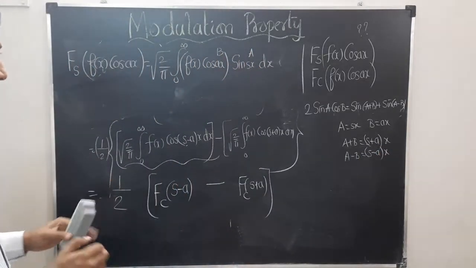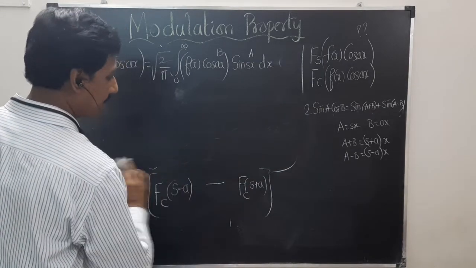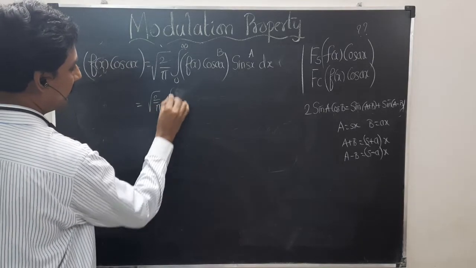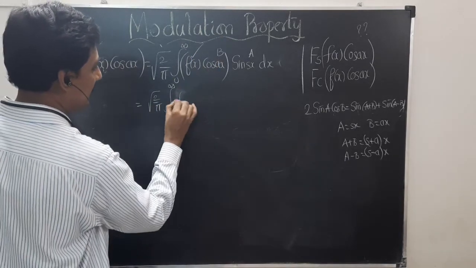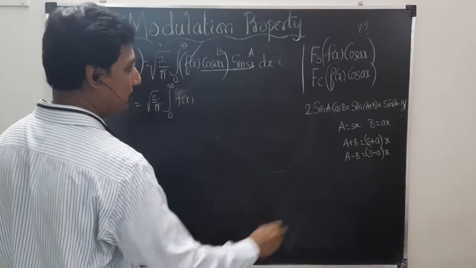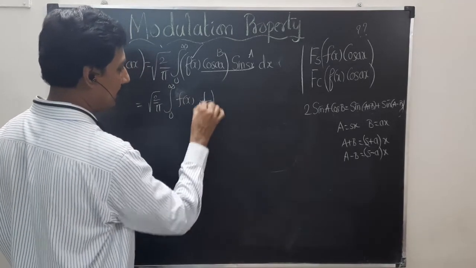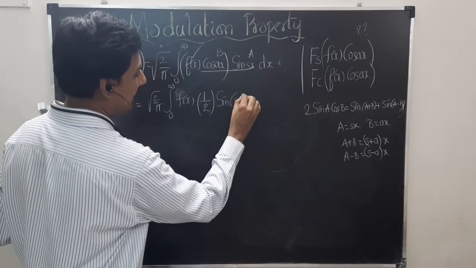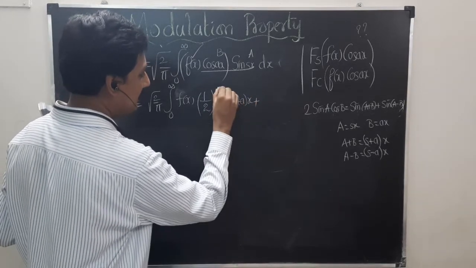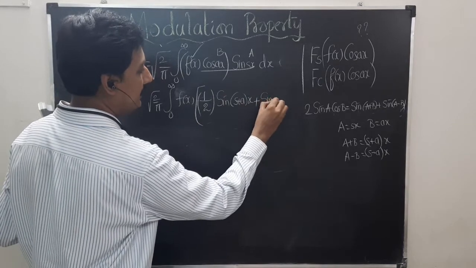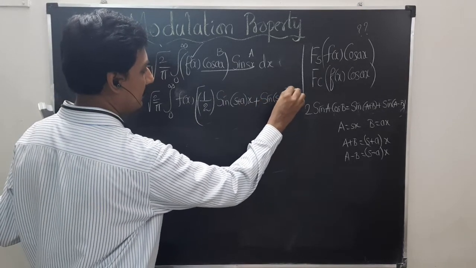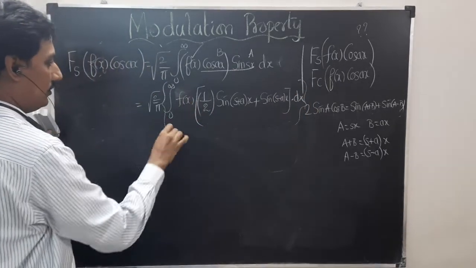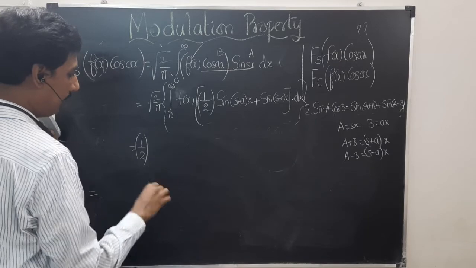The same concept only. By using the result, I get square root of 2 by pi integral 0 to infinity f of x, as it is written f of x here. By combining these two terms, 1 by 2 comes down, and sine of a plus b, so sine of s plus a into x, plus sine of a minus b, so sine of s minus a into x, dx. Now let us use the linear property. 1 by 2 is taken outside.